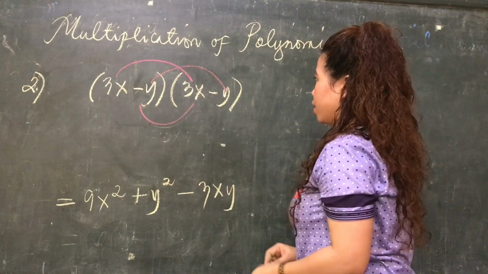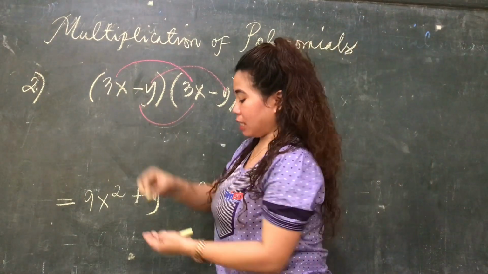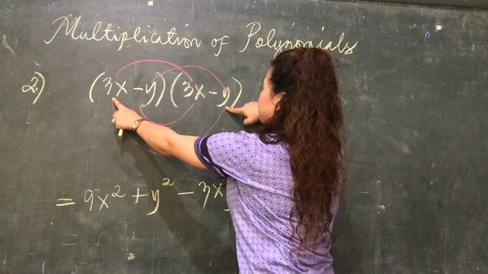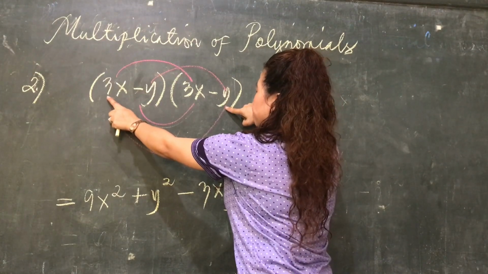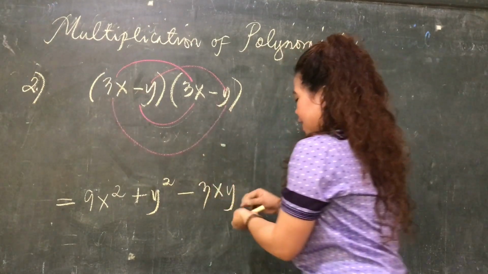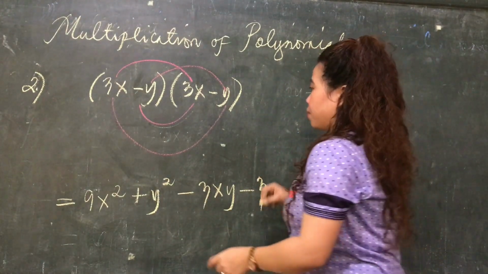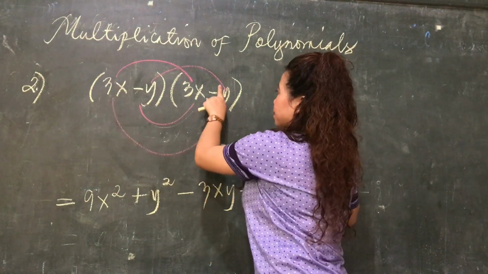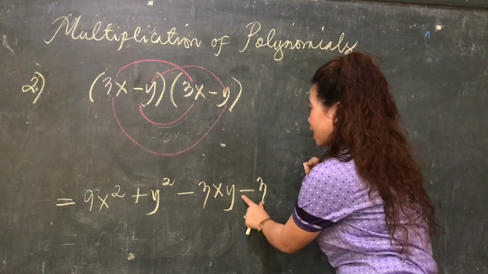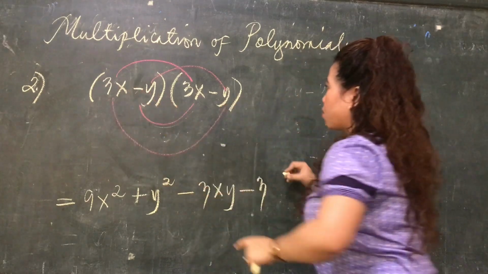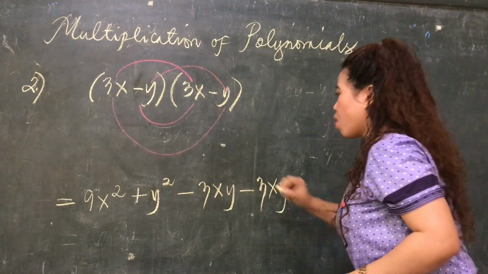Okay, right after ana is kanina pong last to last term. 3x times negative y. Positive ni, times a negative, the answer is negative. And then copy ra si 3, pwede ra po 3 times negative 1, the answer is negative 3. Ayaw biya si xy, ikopya na si xy.